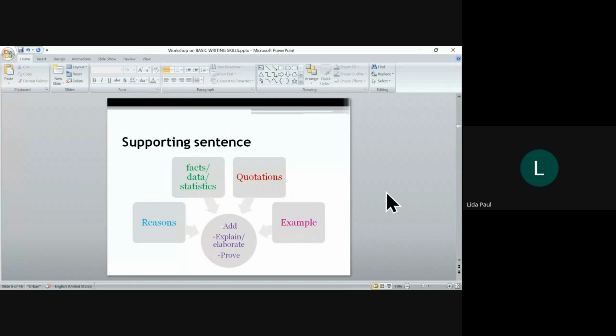So if you look at these supporting sentences in the paragraphs, mostly they are of one of these kinds, right? They are either statements that make reasons, or statements that include facts, data, statistics, or quotations, or statements that give you examples and so on. Whatever they are, whether you use just reasoning statements or just example statements or quotations or facts, data, statistics, you may use them on their own or sometimes in combination, right?